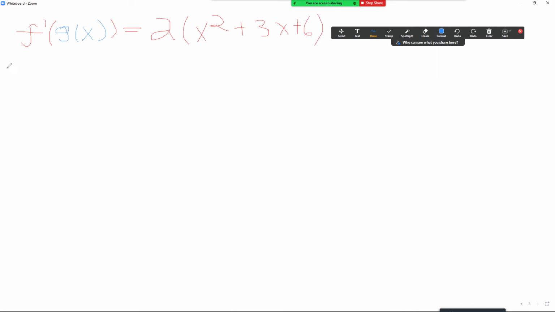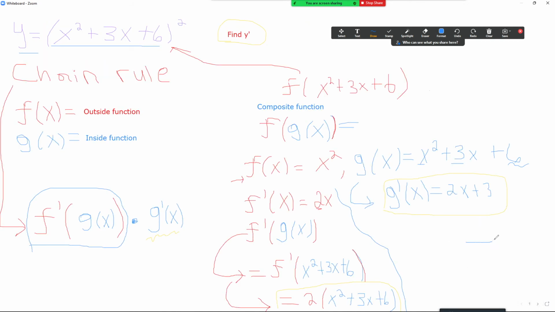And we also found that the derivative of the inside part was 2x plus 3.